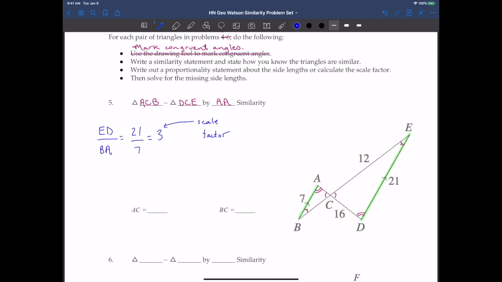So DC divided by 3 is equal to AC. And that gives us 16 divided by 3 equals AC, and it's totally fine to leave my answer just like that, 16 divided by 3.